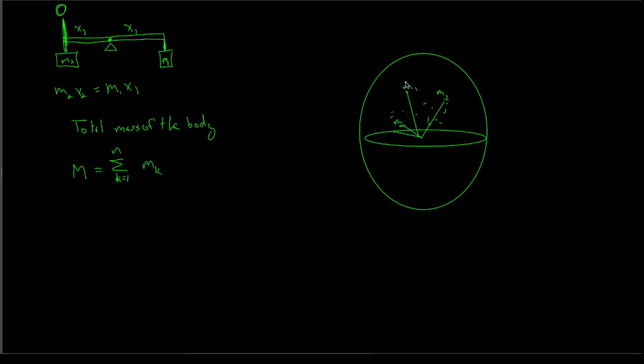Now, if these mass elements were even, we could look at these as being little cubic pieces of matter, and not just points. And these masses would have a density, some change in mass over all of them.